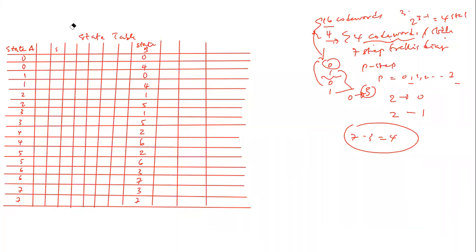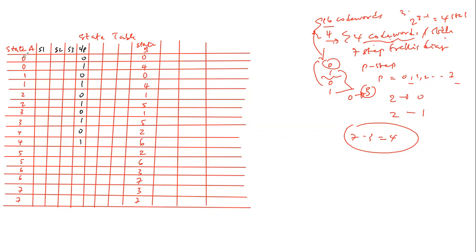Now, if we have the shift registers, we have shift register 1, shift register 2, shift register 3, and the input. So if we have the input, which must be a 0 or a 1.